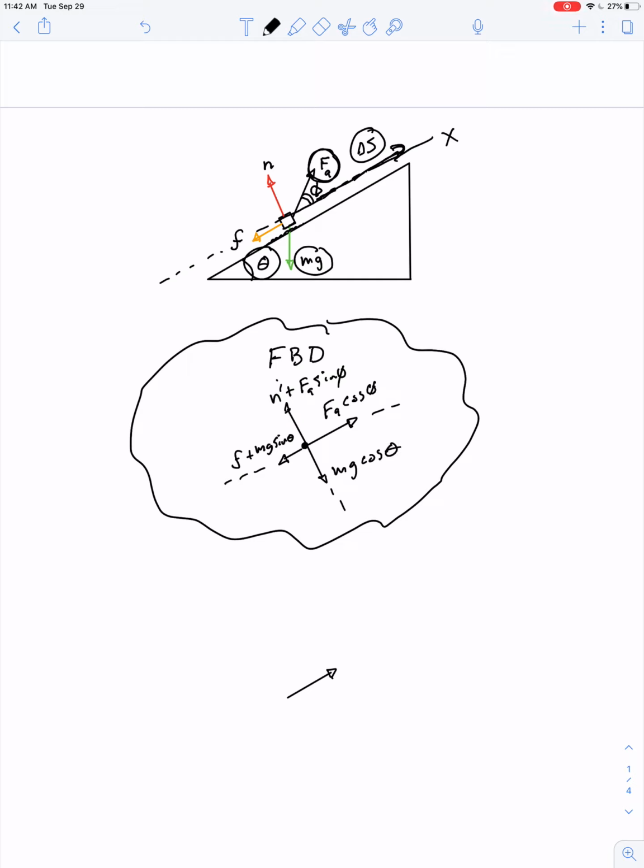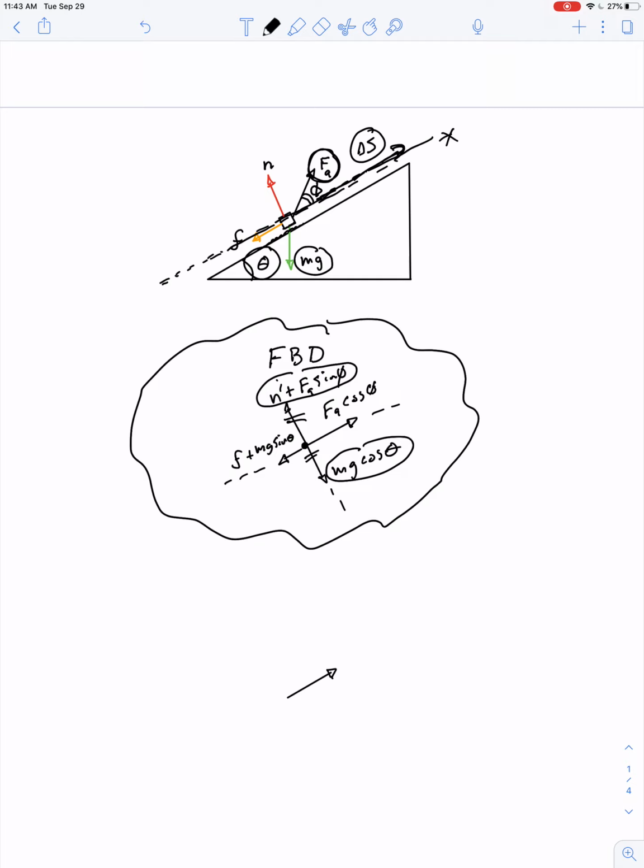But in the end, I think we'll all make the assumption that if the object exclusively moves along the x-axis, there's no acceleration along the y-axis. So the normal force plus FA sine phi has to be just as great in magnitude as mg cosine theta, so that all the forces along the y-axis cancel one another out.